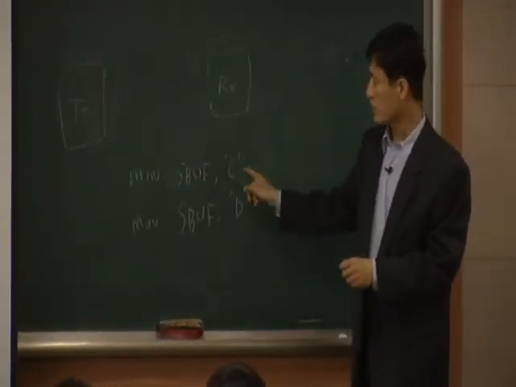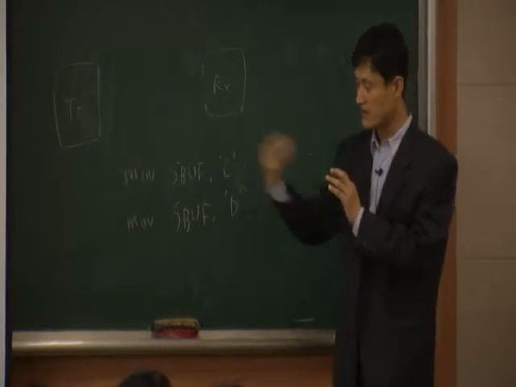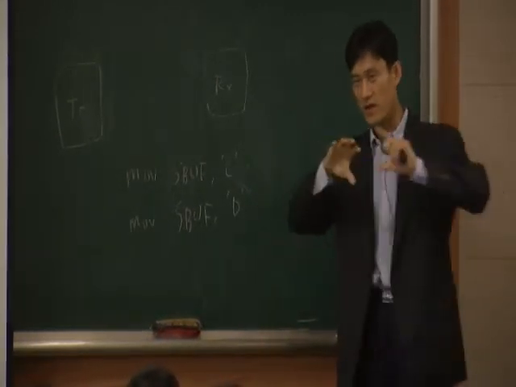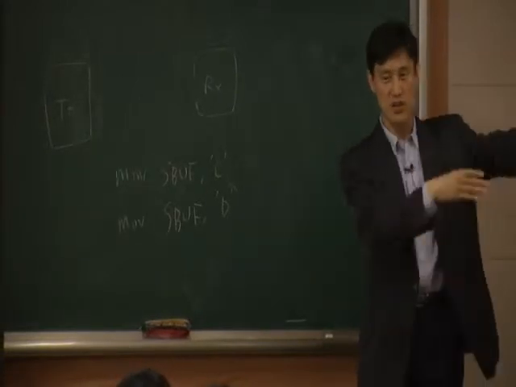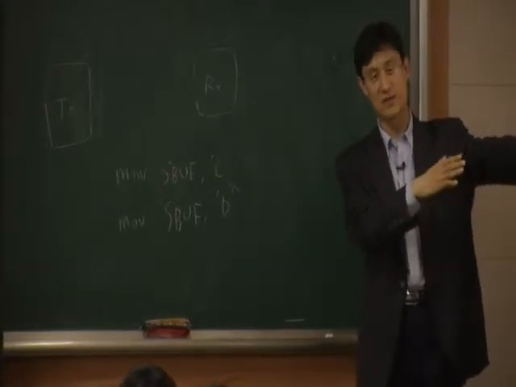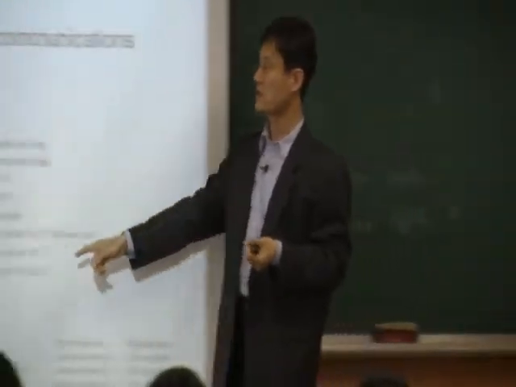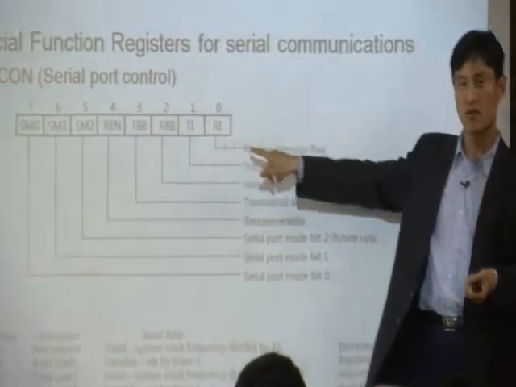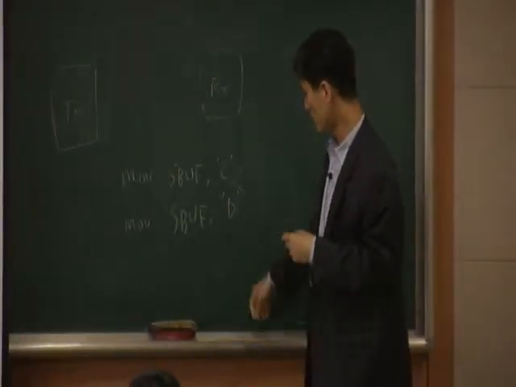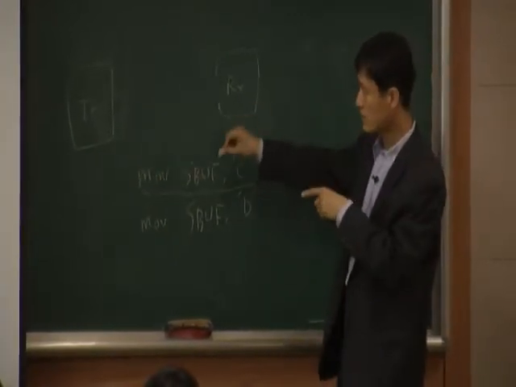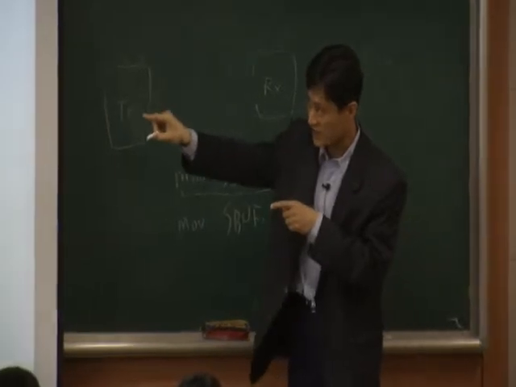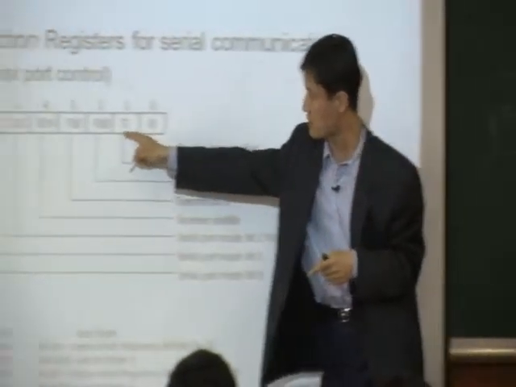When you write this command, the C value goes into SBUF. As soon as it goes to SBUF, the hardware reads it from SBUF, makes a packet and transmits. When the hardware finishes the transmission of the whole C value, the hardware makes this bit 1. So what the software has to do is execute this line, write the value into SBUF, and then watch and wait until this becomes 1.